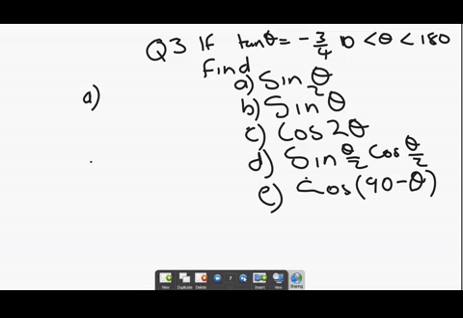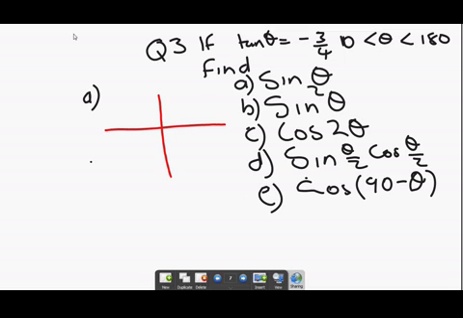So now I need to draw the diagram. Oh, they have asked me to draw a diagram. Where is my diagram going to be? Now tan theta is negative. Tan theta is negative. So I can check and say, okay, fine, I'm not going to draw all the triangles this time.